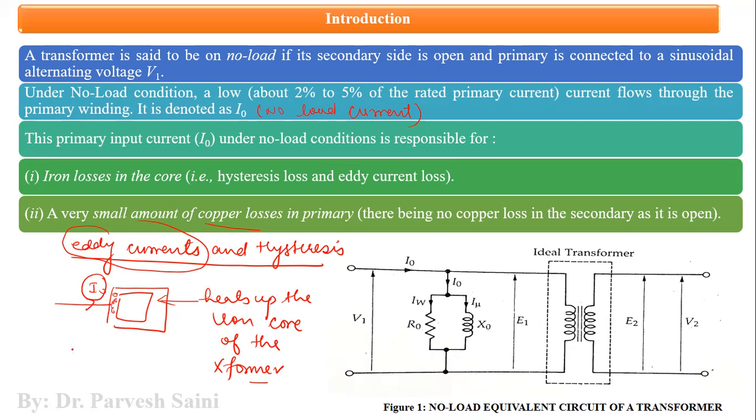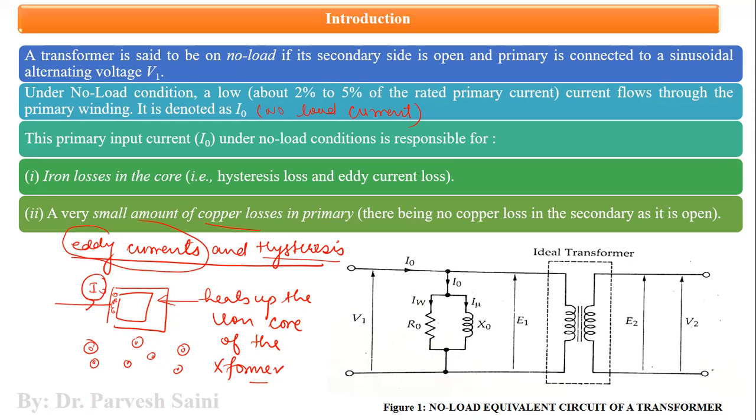And we all know that eddy currents are the circular currents which generate in the ferromagnetic material because of the magnetization process. And hysteresis is also a kind of loss which occurs in the ferromagnetic material because of the magnetization process.